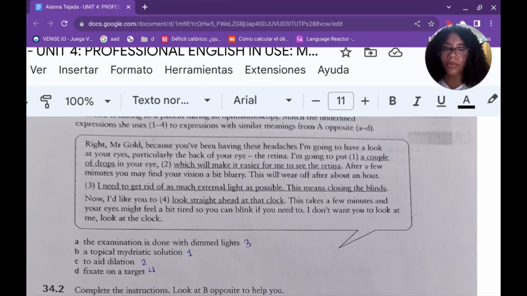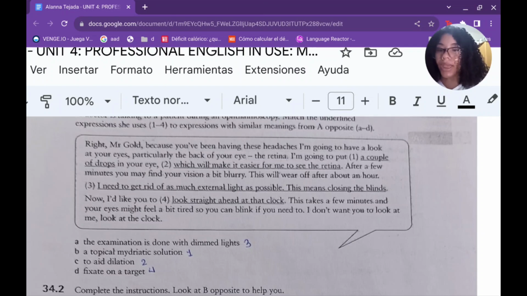I'm going to put a couple of drops in your eye, so that you might say a topical mydriatic solution. 2. Which will make it easier for me to see the retina. To aid dilatation. After a few minutes you might find your vision a bit blurry. This will wear off after about an hour.